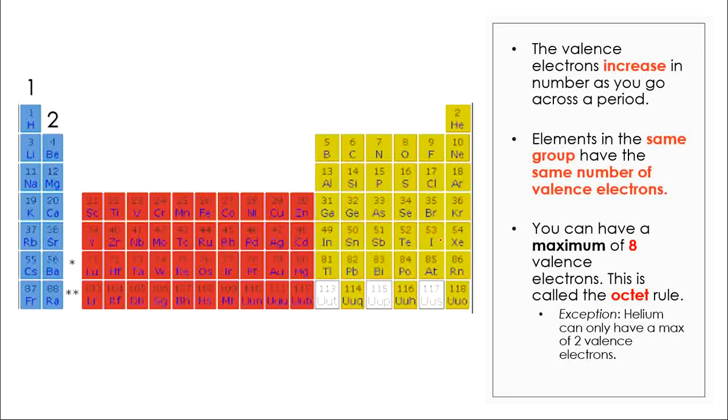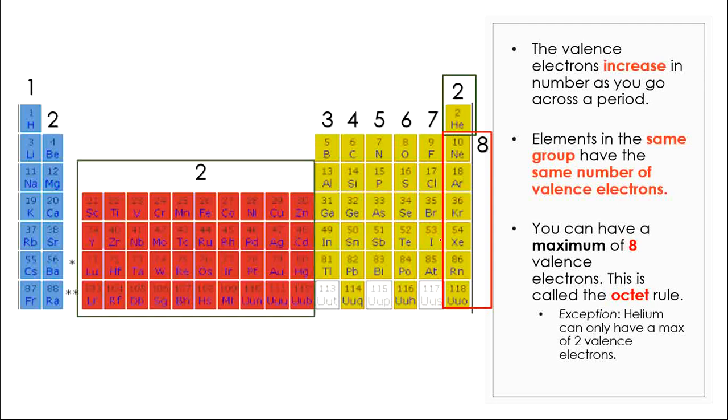And then you skip over to group 13, and now we have 3 valence electrons, and then it continues all the way up to 8. Now, all the noble gases have 8 valence electrons, with the exception of helium. Like I said, helium only has 2 electrons, so it can only fill up the very first energy level, so helium can only have a maximum of 2 valence electrons.